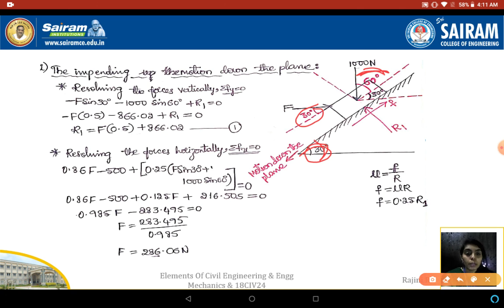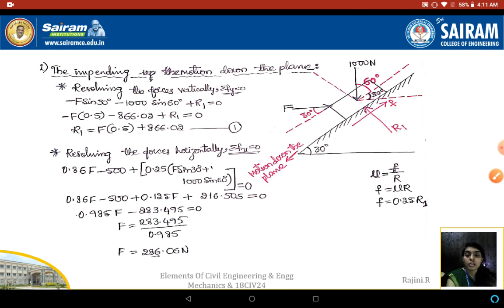According to the inclined plane, this will be 30 degrees, the same as the ground level line. If the 30 degrees is removed, the remaining will be 60 degrees. This is the way of taking the angles when the ground level is tilted by any angle, 30 or 60 degrees, any angle.